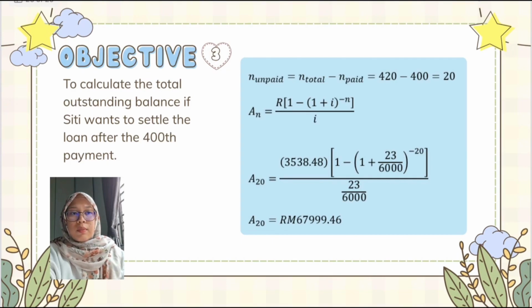So for calculation 3, we need to find the total outstanding balance. So we use N unpaid equals N total minus N paid. 420 minus 400 equals 20.